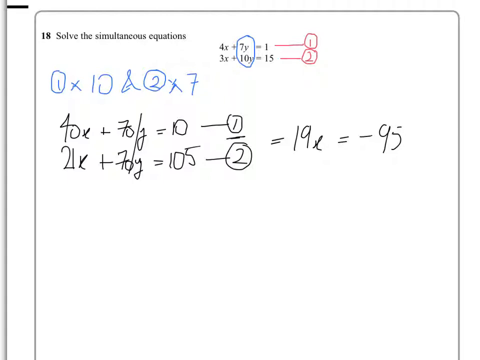So rearranging that for x, we get that x is equal to minus 95 divided by 19, and that means that x is equal to minus 5.